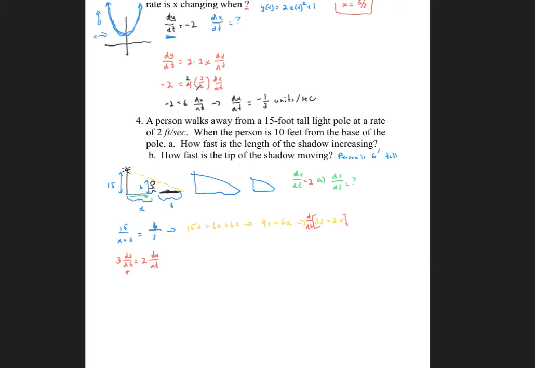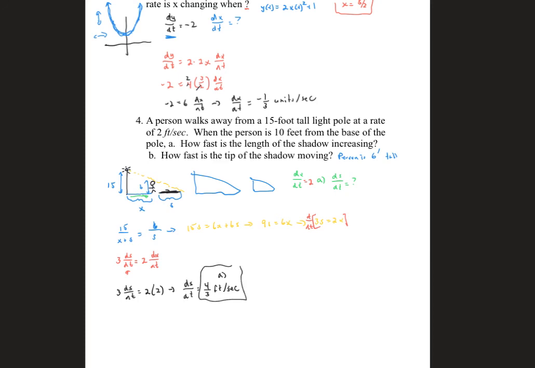So 3 times the ds/dt that we're looking for is going to be 2 times the 2 for the dx/dt. And so solving for ds/dt, we get that that is going to be 4/3, and our units there are going to be in feet per second. So that's our answer to part A in this question.